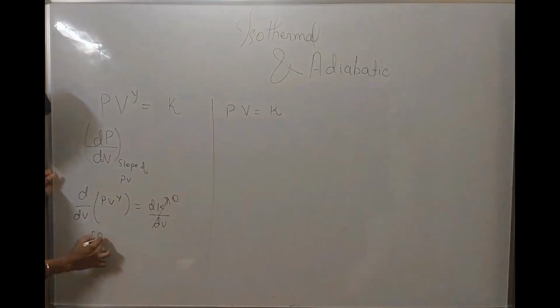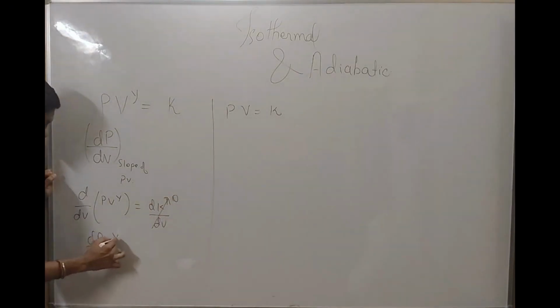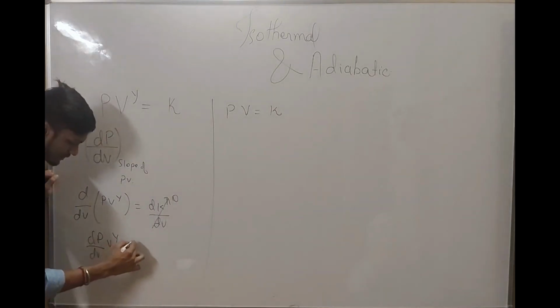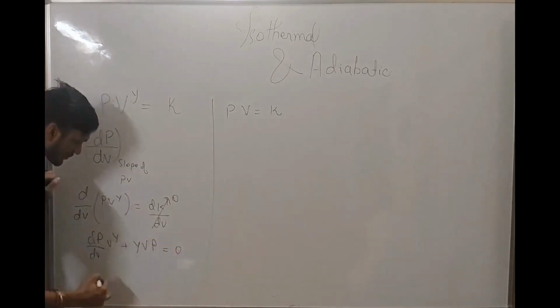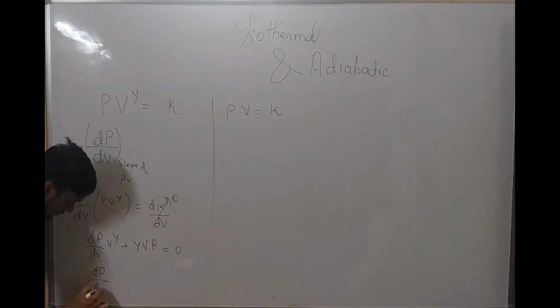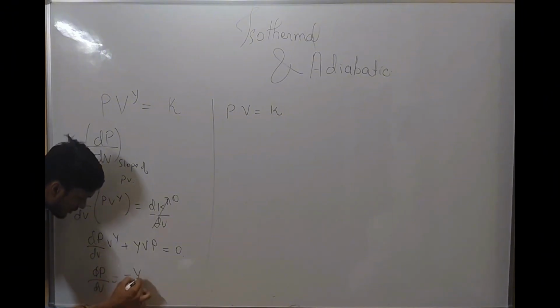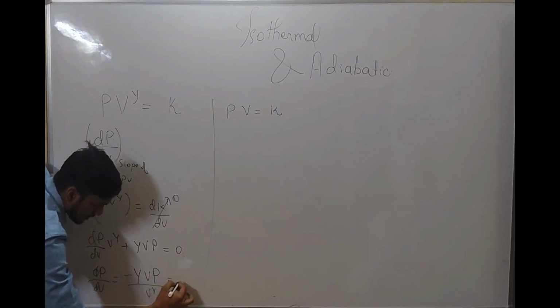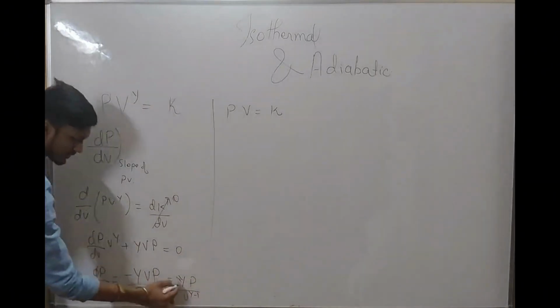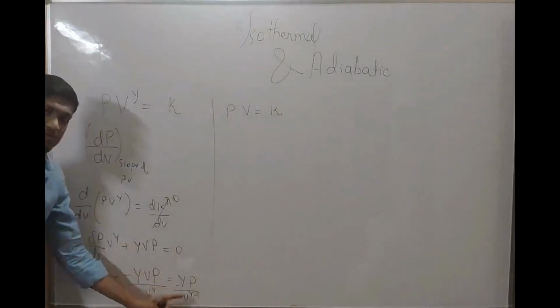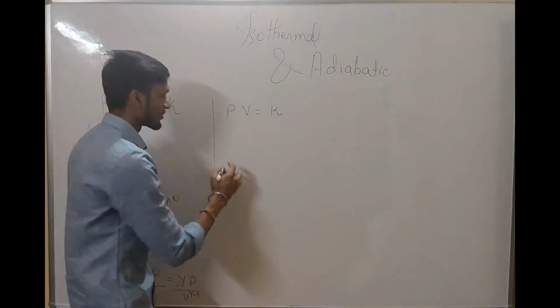This side becomes dP by dV into V to the power gamma plus gamma V to the power gamma minus 1 into P equals 0. So the negative of gamma P by V is the slope of the PV graph for an adiabatic process.